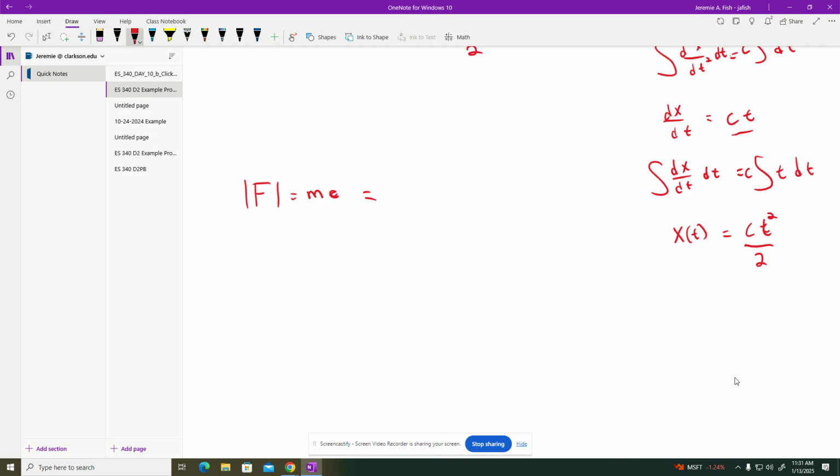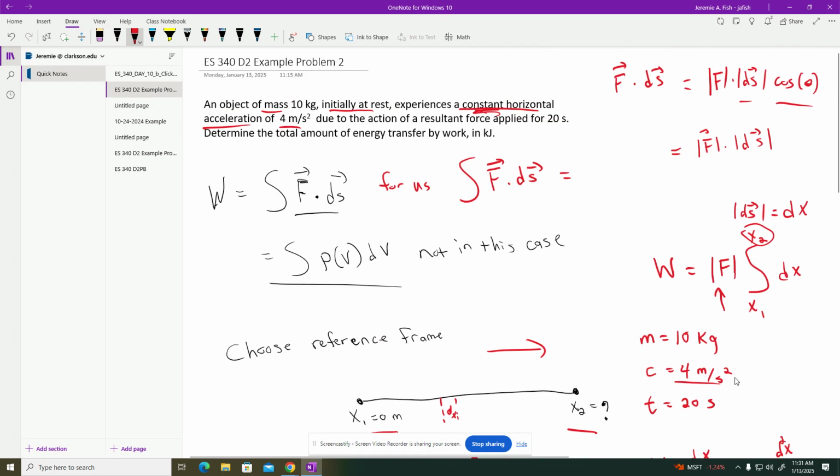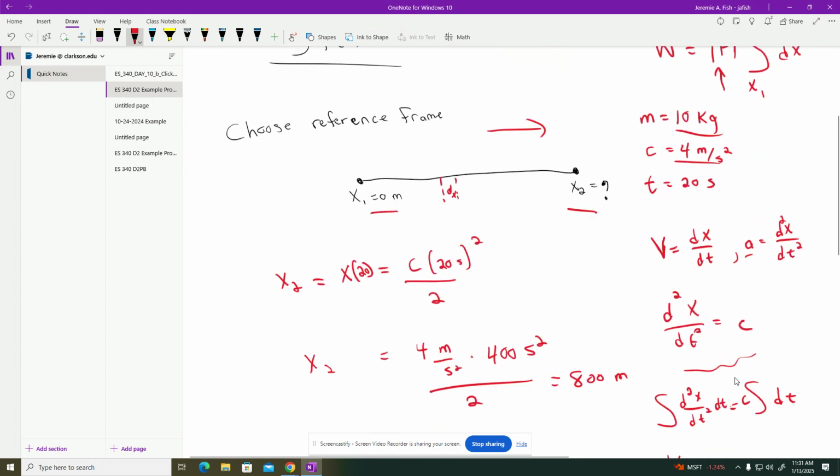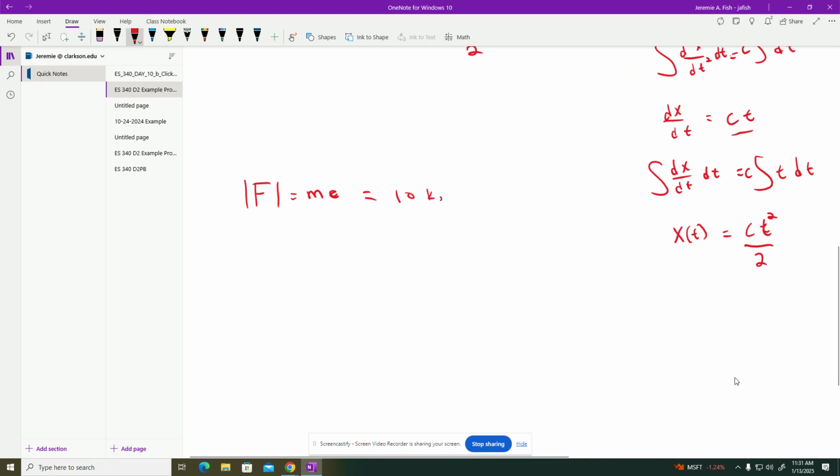So this is going to be equal to 10 kilograms, that was my mass up here, times the constant acceleration, which was 4 meters per second squared. And this is going to come out in terms of newtons. So this ends up being 40 newtons because a kilogram meter per second squared is a newton.